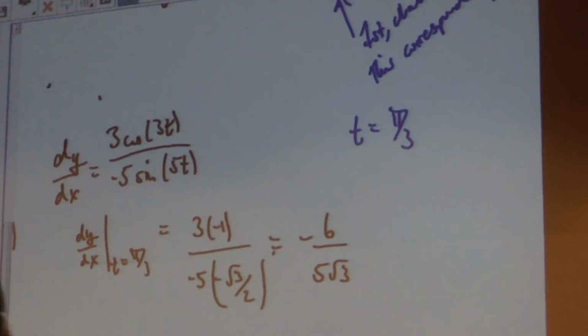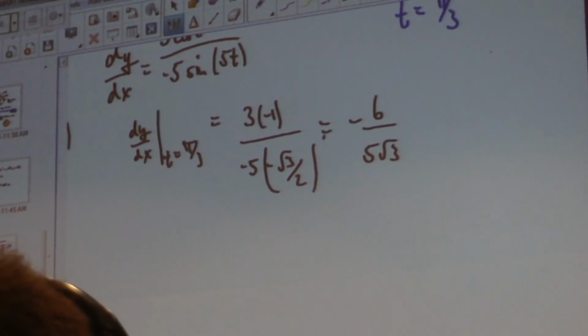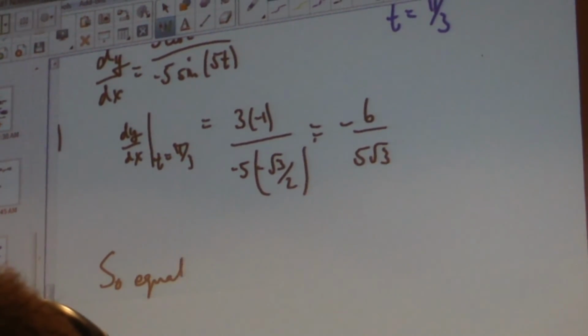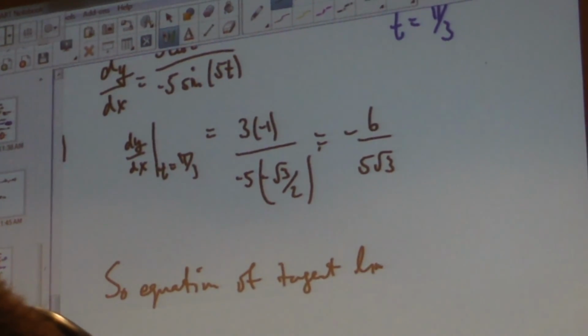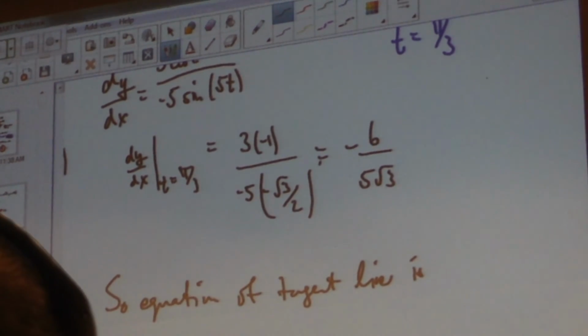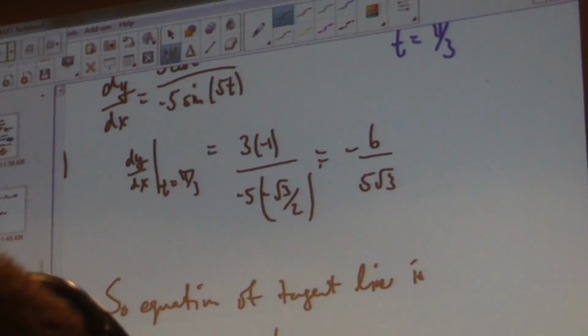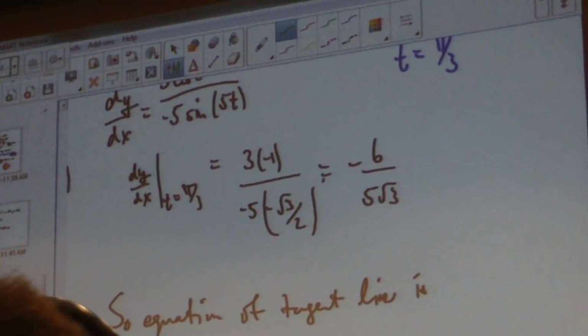So we get negative 6 over 5 root 3. So the equation of the tangent line then is y equals negative 6 over 5 root 3 times (x minus 1/2).